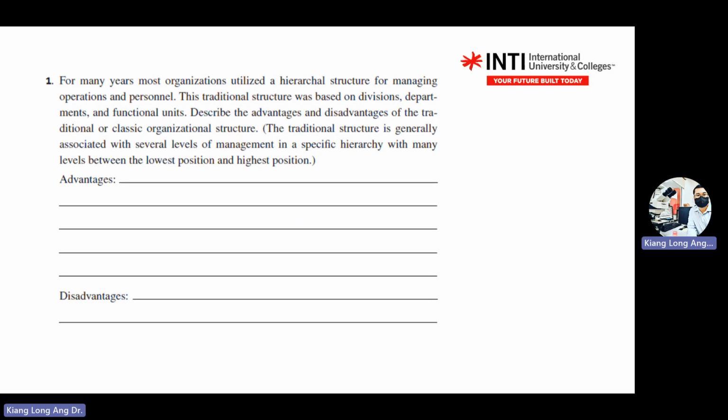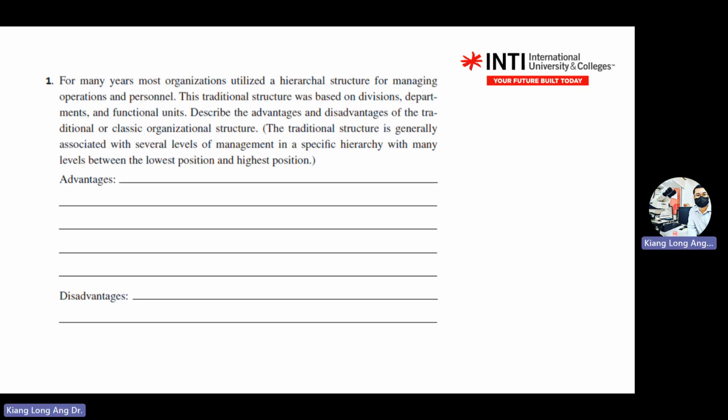So the disadvantage of the traditional structure is no specific responsibility for a project, because the project is already distributed into each functional group. The functional manager will decide which one goes first based on the line schedule.